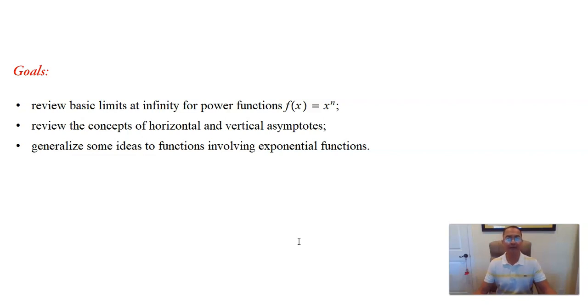But while we're at it, let's also talk about vertical asymptotes. Some of the power functions, those that involve a negative exponent, if you would recall, they have vertical asymptotes as well.